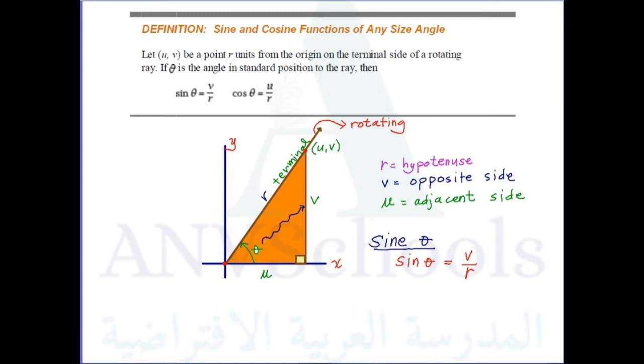And cosine theta is equal to the adjacent, u, over r. So this is the definition of the sine function and the cosine function of any size angle. Any size, because your angle could be big or small depending on the given. So these are the definitions for sine theta and cosine theta.